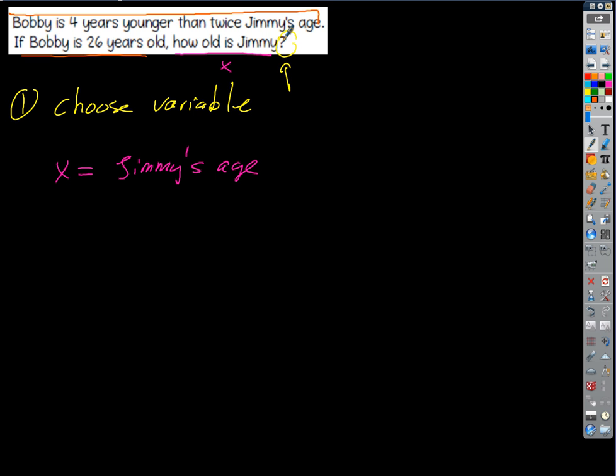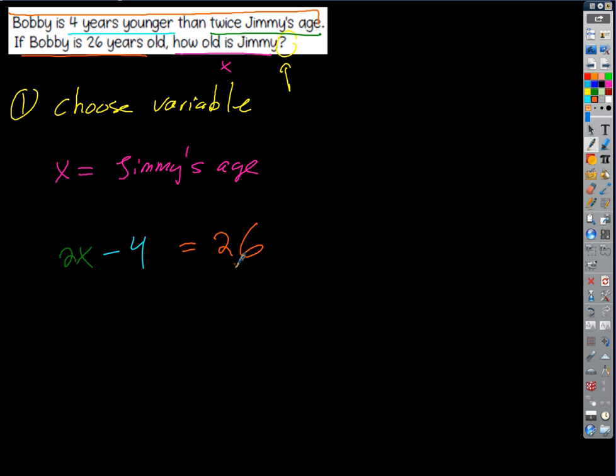Well, that'd be 2x, right? If Jimmy's age is x, then twice Jimmy's age would be 2x. Equals Bobby, which is 4 years younger? You got to subtract 4. And that's equal to Bobby's age, which is 26. That make sense?